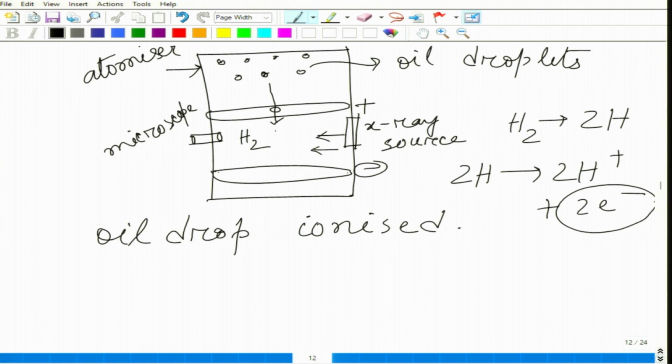Now the ionized oil drop has two kinds of force acting on it. One is the electric force, which acts upwards. Since the anode is upwards, the electric force will deflect the oil drop upwards towards the anode, and the downward force is the gravitational force.